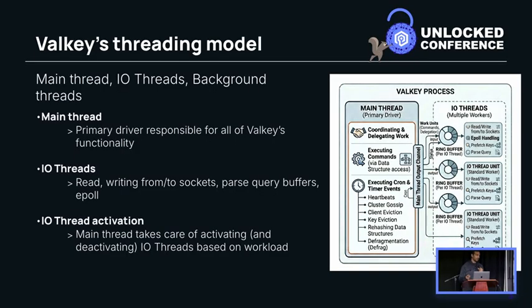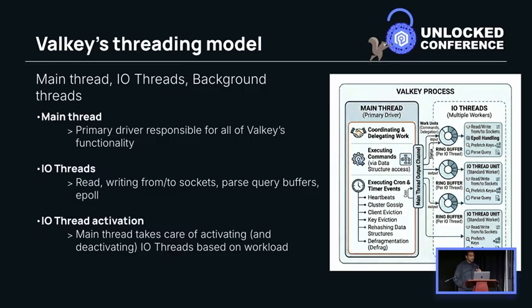And here in this slide, I talk about the Valkey threading model, which sets the context for the problem. In Valkey, most people might already know, there is a main thread and there are IO threads, and there are other threads like background threads or child threads, which are part of the fork.